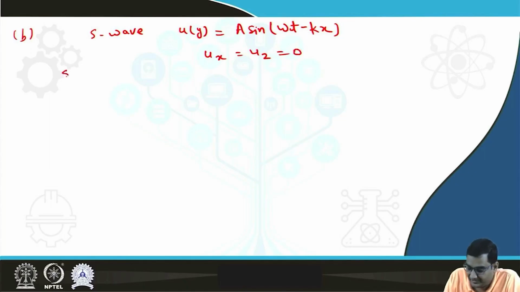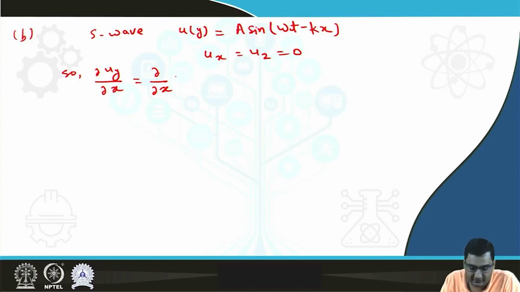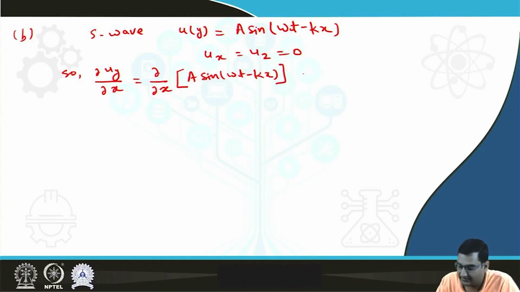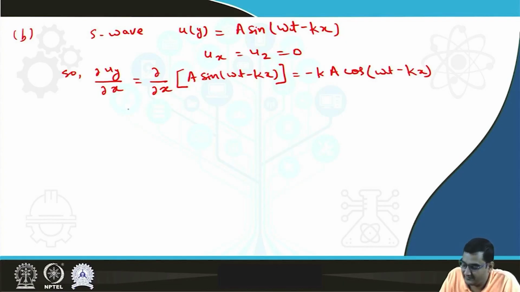So del uy by del x is equal to del by del x of, in bracket, a sin(omega t minus kx), and that is equal to minus ka cos(omega t minus kx).